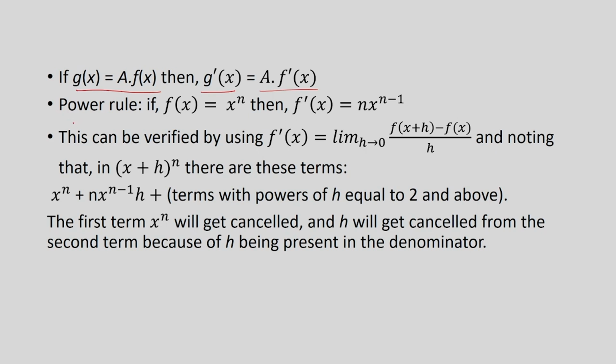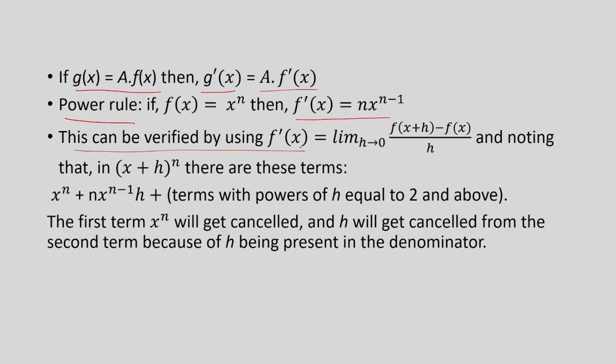Now, another important rule is called the power rule. Suppose you have f of x equal to x to the power n. Then what about f dash of x? It is given by n multiplied by x to the power n minus 1. And what is the proof of this?